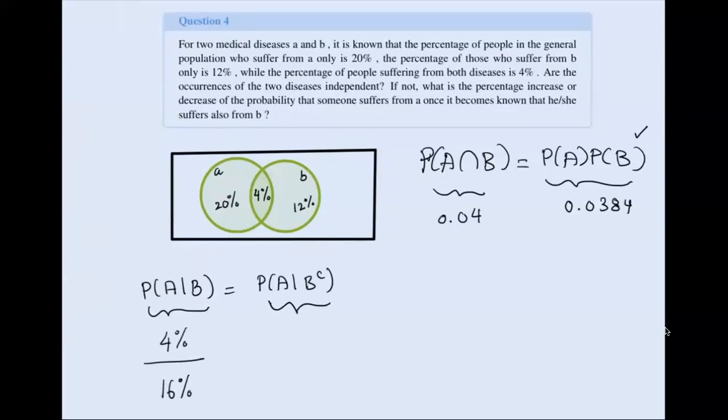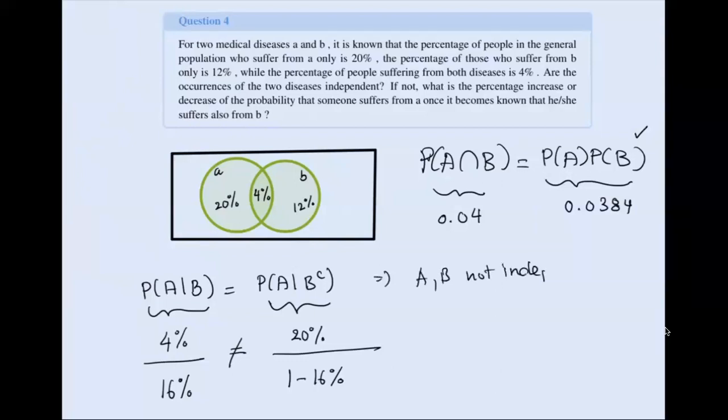And the probability that they got A given that they did not get B, I think this is a more complicated number than I thought, 20% divided by 1 minus 16%. But eventually you will see that those two numbers are not equal as well. So A and B are not independent.